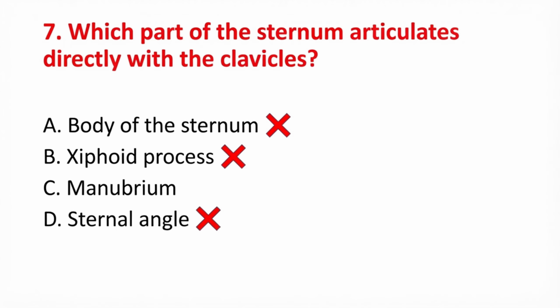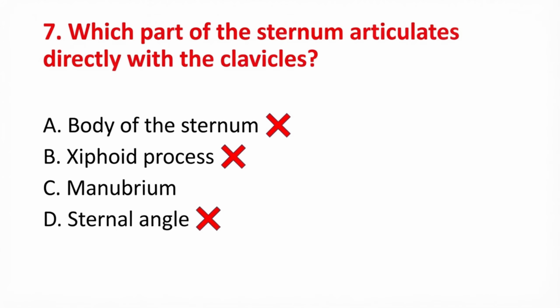Why other options are incorrect? Option A is incorrect because the body of the sternum mainly articulates with the costal cartilages of the true ribs. Option B is incorrect because the xiphoid process is the smallest and most inferior part of the sternum.